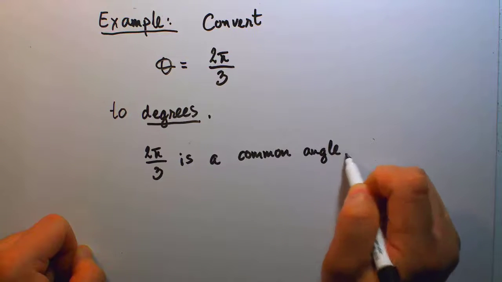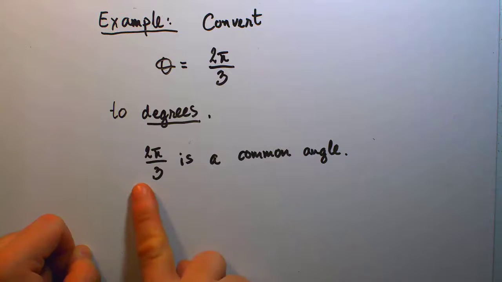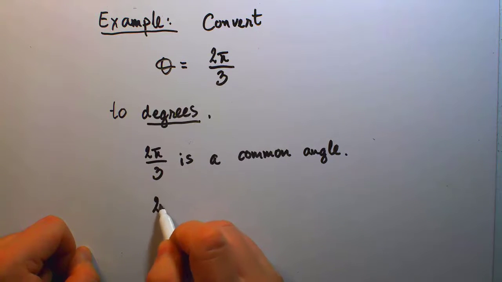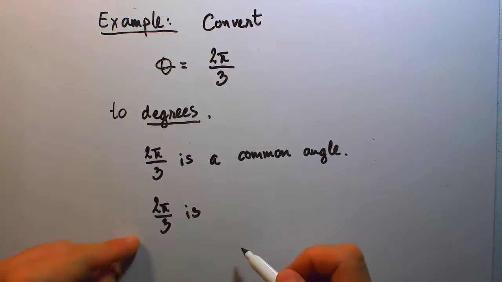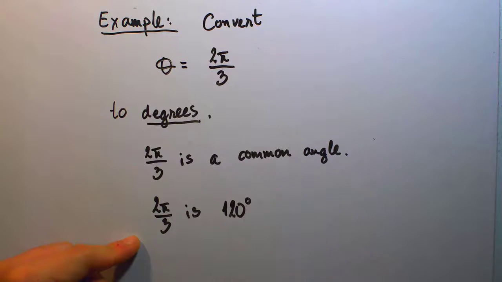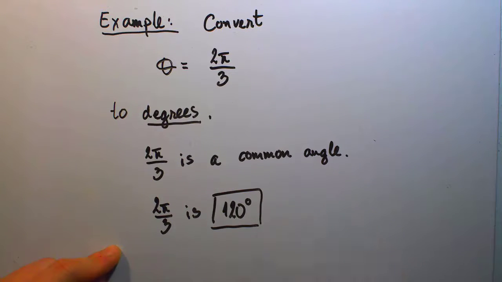And so one option is you can just look through your unit circle and find where 2 pi over 3 is, and this is a positive angle. So 2 pi over 3 in degrees is 120 degrees. So we found a solution.